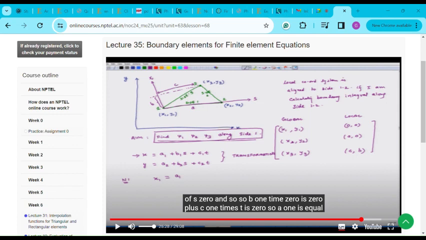So this is the problem statement. We will solve it using FEA, and for simplicity we'll stick to one linear element.